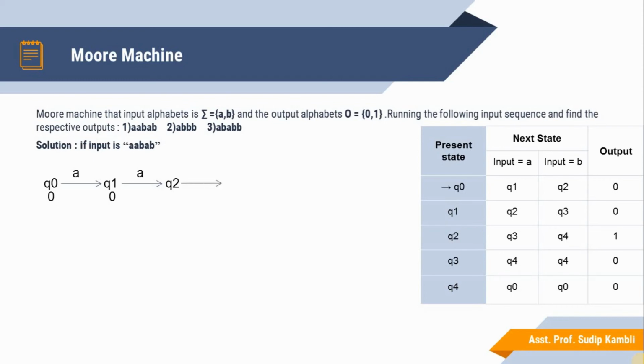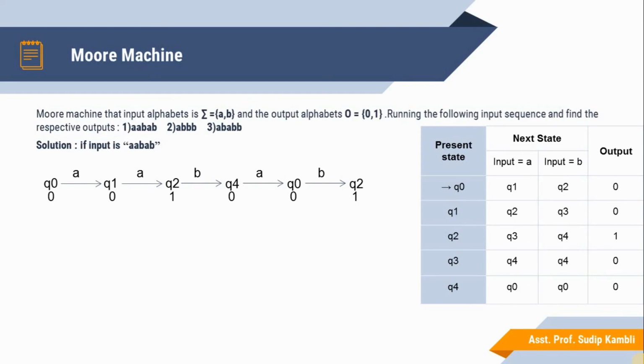Then Q2 scans the next alphabet B to go to state Q4, and the output will be 1. Next, Q4 scans the next alphabet A to go to state Q0, and the output will be 0. And the last one, Q0 scans B to go to state Q2, the output will be 0, and the Q2 state output is 1. So for this first string, the outputs produced are 0, 0, 1, 0, 0, 1.